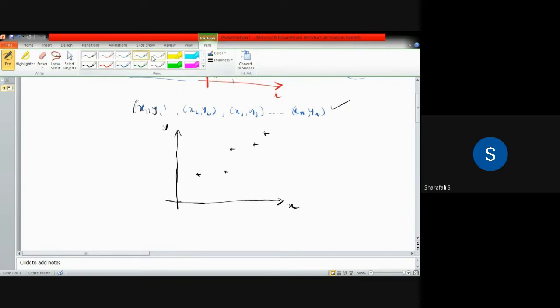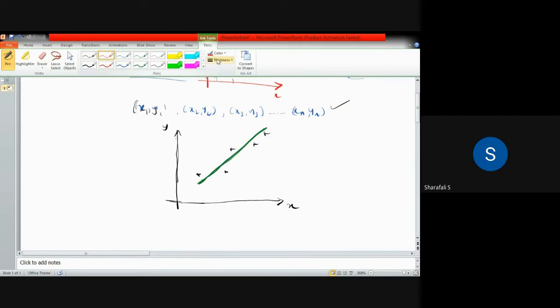Let us take the case of linear fitting, which means we are considering a line to fit all this data. So our curve is a line, and let us consider this is the line that is fitting all these points. This is not the actual fitting, but I'm just considering this is the line fitting all these data points.